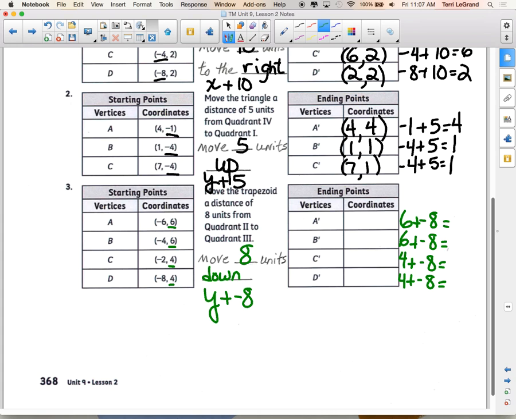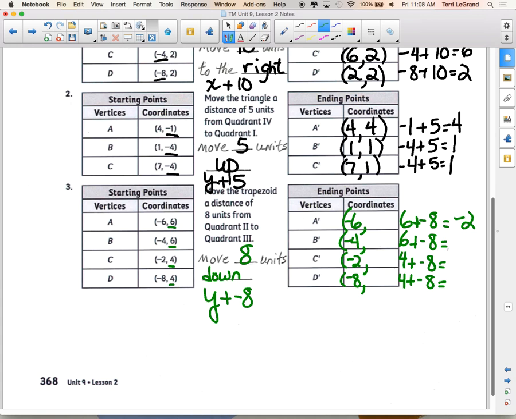Negative 2. So again, our x values are going to stay the same. I'm just going to copy all those down right away, so I don't make the mistake of changing them. All the x values stay the same, we're not doing anything to x.